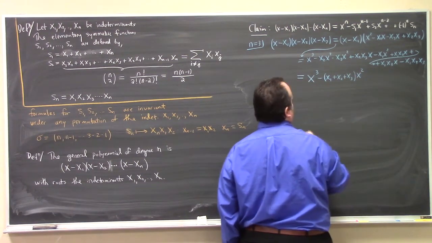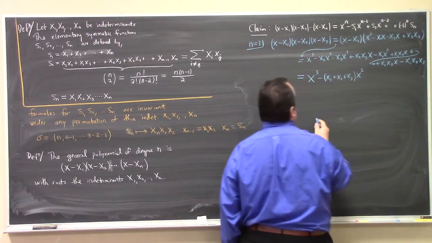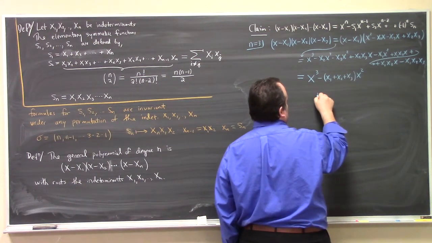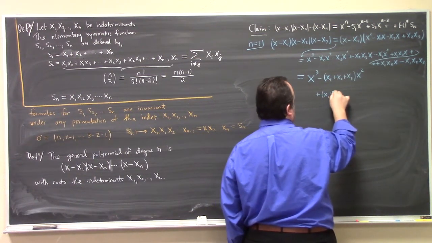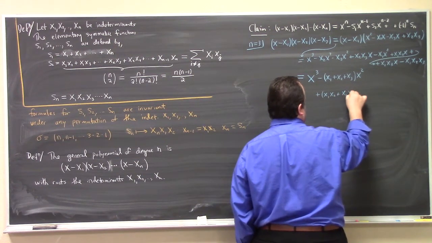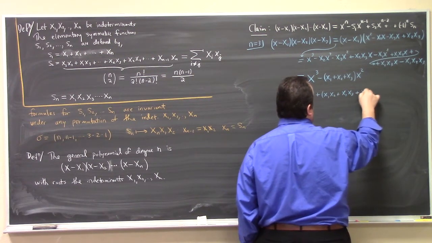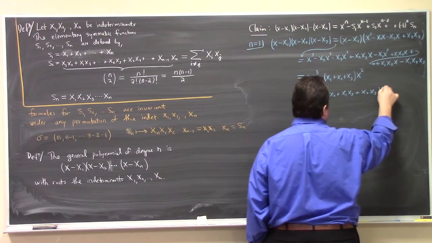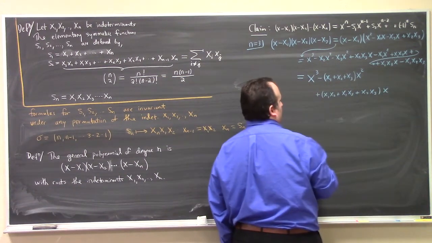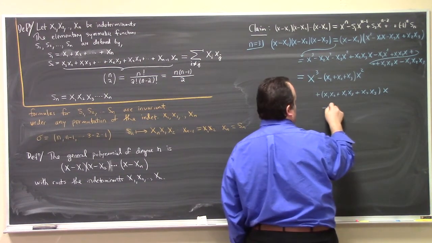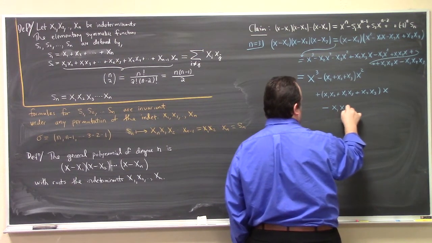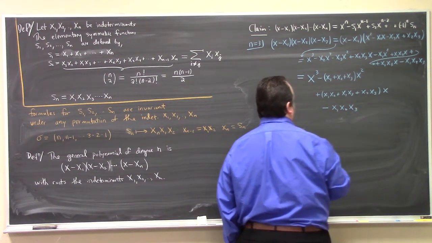And then how about the x terms? Plus I've got x1 x2, x1 x3, x2 x3, times x, and then minus x1 x2 x3.